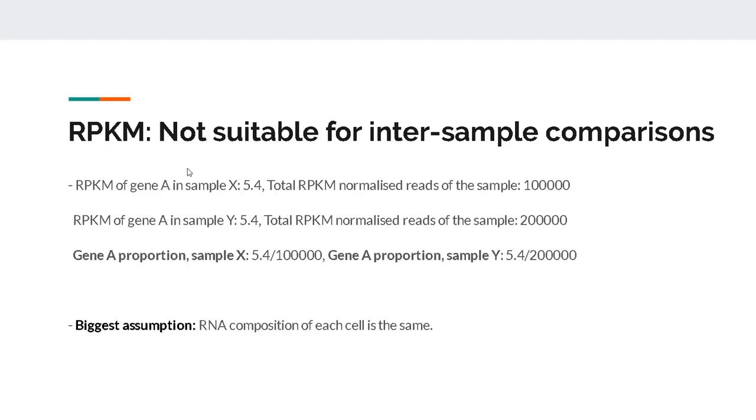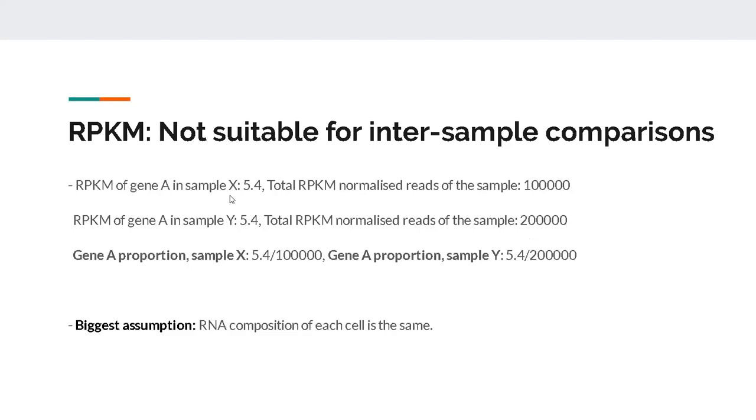I'll just give you one example for that. Let's imagine that the RPKM of gene A that you get in sample X is 5.4, and the total RPKM, across all the genes after normalization, is let's say 100,000. Then gene A RPKM in sample Y is again 5.4, and the total RPKM in this case is 200,000.